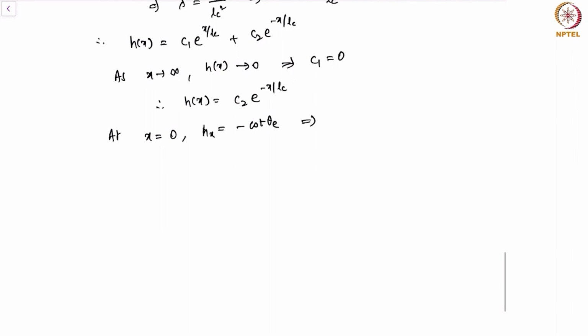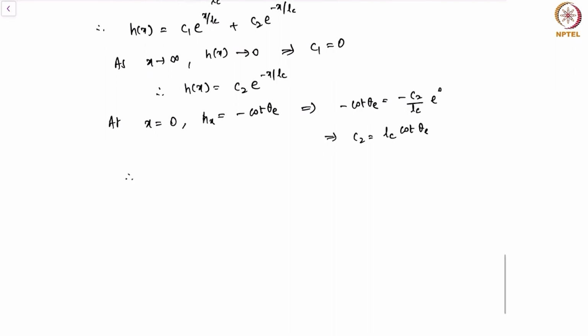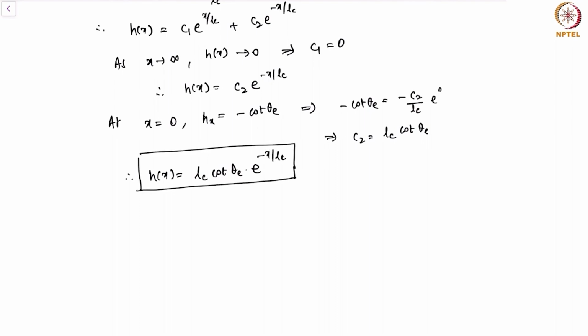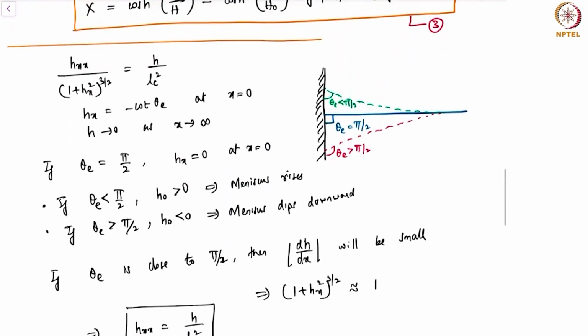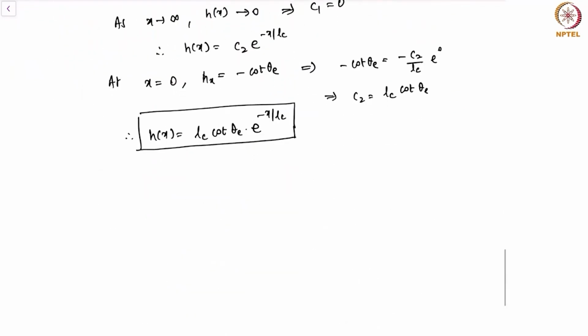So minus cot theta e is minus c2 by LC into e power 0. E power 0 is 1, and therefore the constant c2 becomes LC cot theta e. And therefore h of x becomes LC cot theta e times exponential minus x by LC. This is an important result. We'll call this equation number 4.